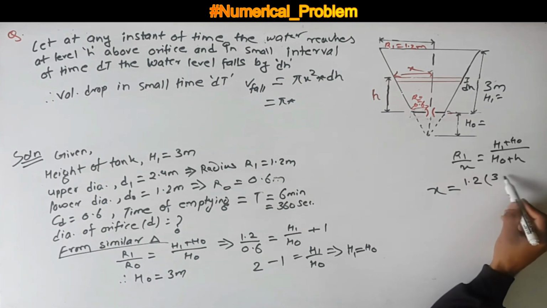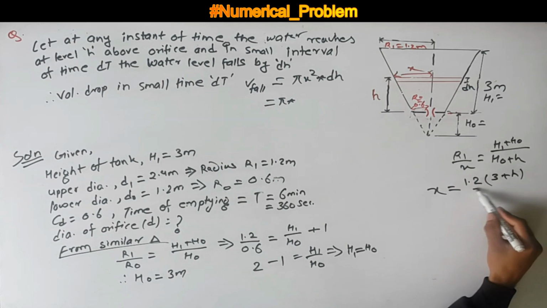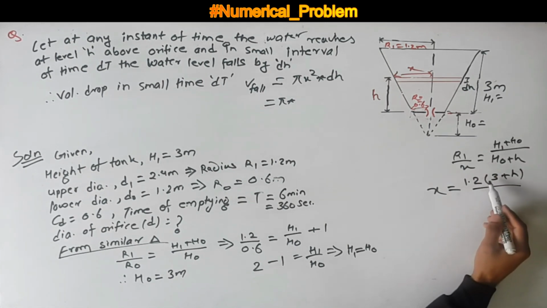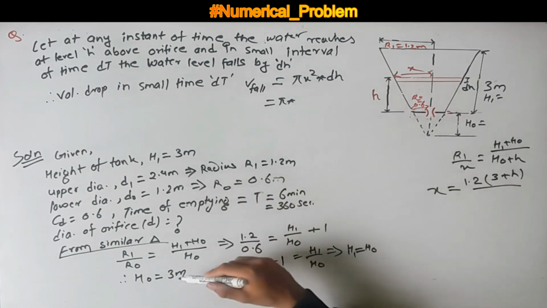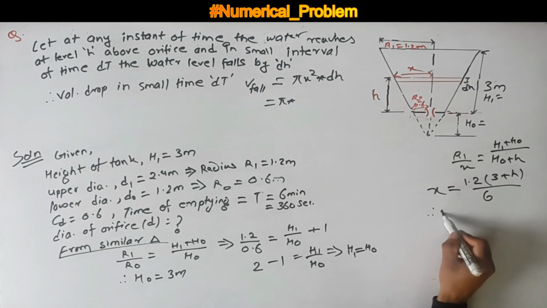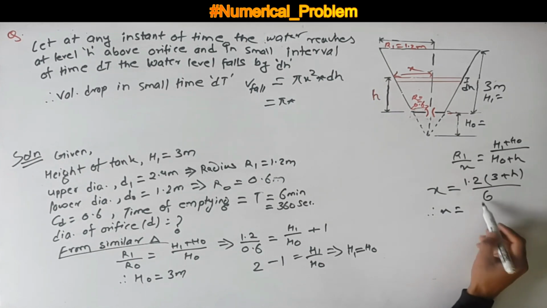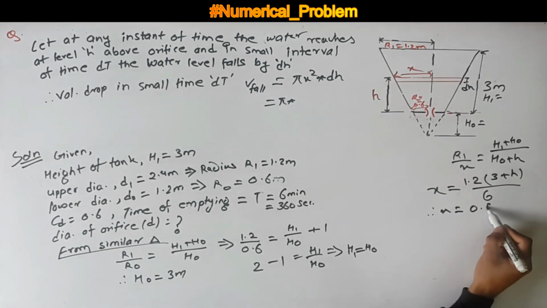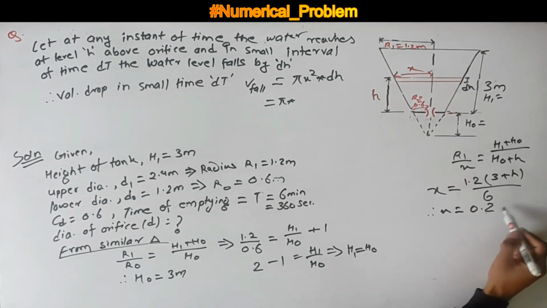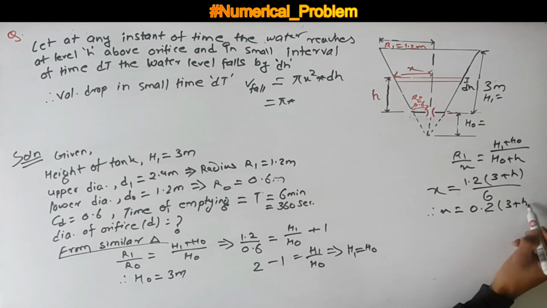H naught is 3 meter plus small h upon H naught plus H1, and H naught and H1 are 3 meter, so it is equal to 6. Therefore x equals 1.2 divided by 6, which is 0.2, times 3 plus h.